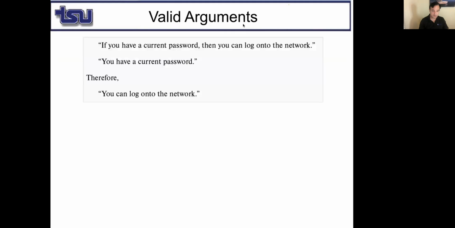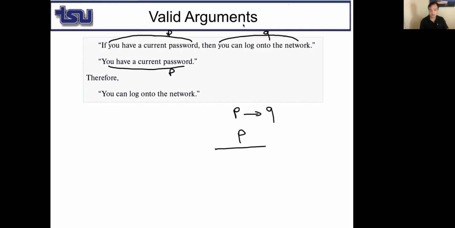Okay, here's an example. Assume that P is the proposition "you have a current password," and Q is the proposition "you can log into the network." The first premise is P implies Q. This is given to us. The second premise is P. That's also given to us.